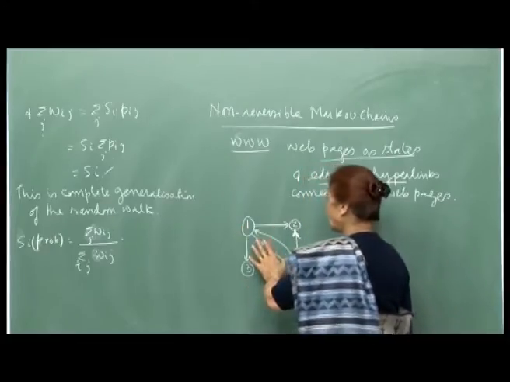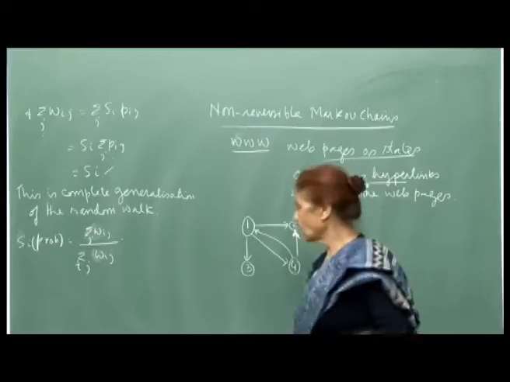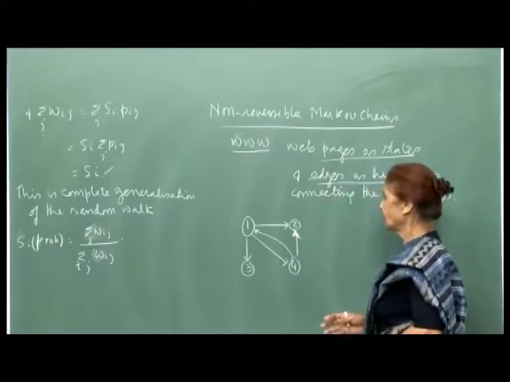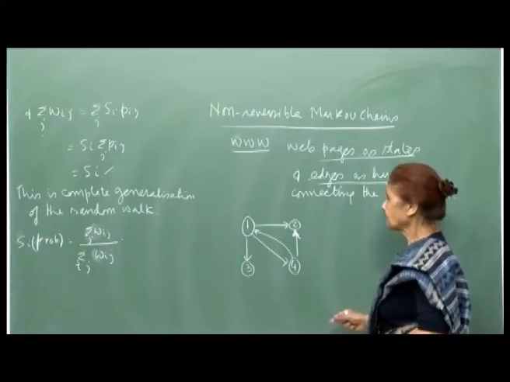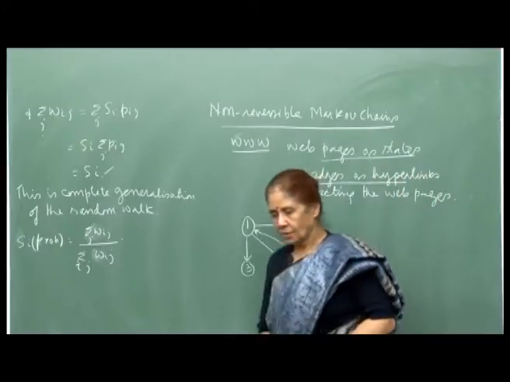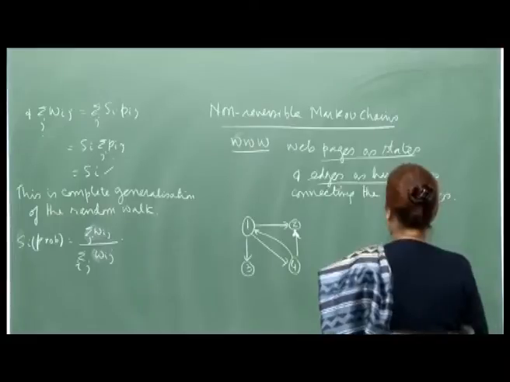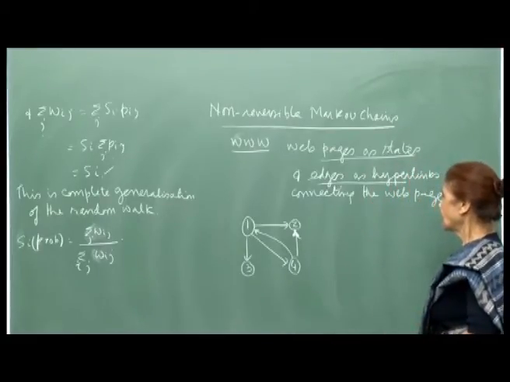So it is easy to picture that the search on the web will be a Markov process, but it will certainly not be a reversible Markov chain. Okay, so with this I would like to end the discussion on Markov processes, and now we would like to talk about continuous Markov processes, and then go on to specialized continuous Markov processes.